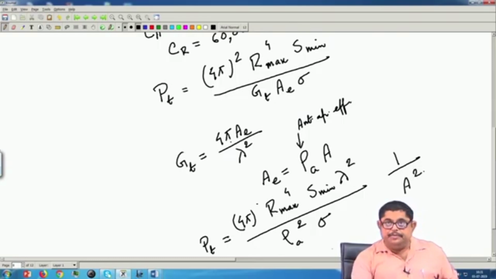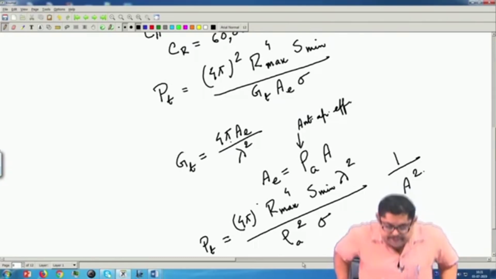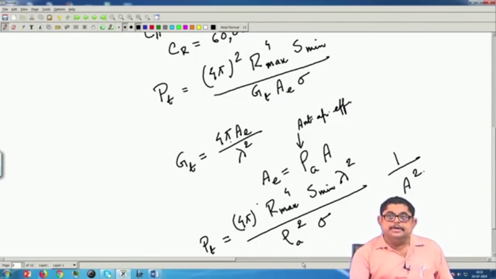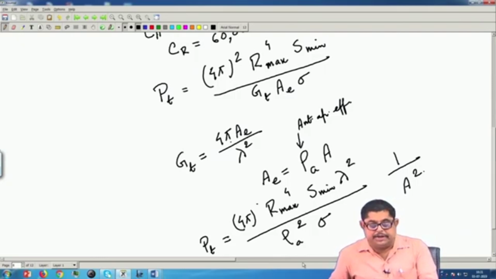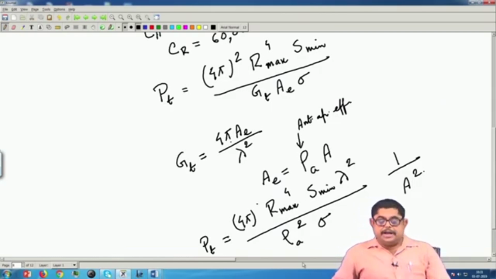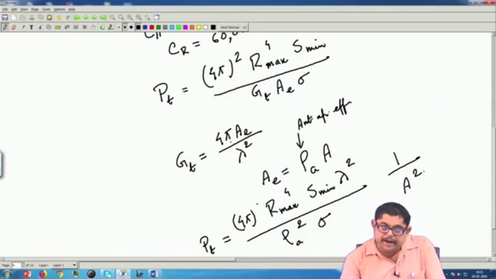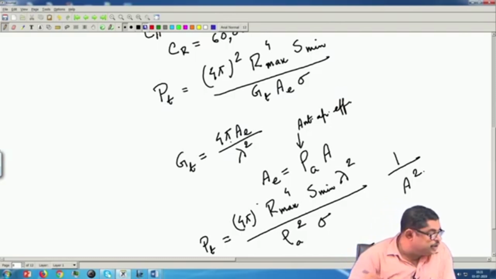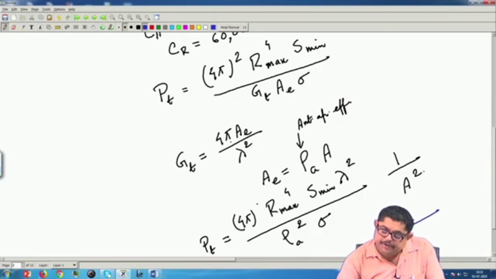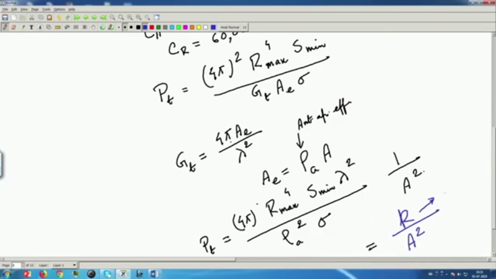Now, you see for the radar this first ratio, that is all are constant terms, because R max is fixed, S min is for a receiver it is fixed, the carrier frequency is fixed, aperture efficiency of the antenna is fixed, RCS of the target is fixed. So, I can now write it as some constant k by A square, where k is a constant. Okay. So, Pt, that means is inversely proportional to A square.